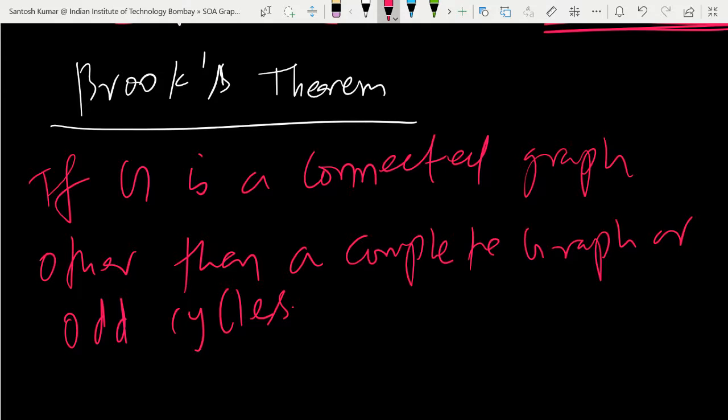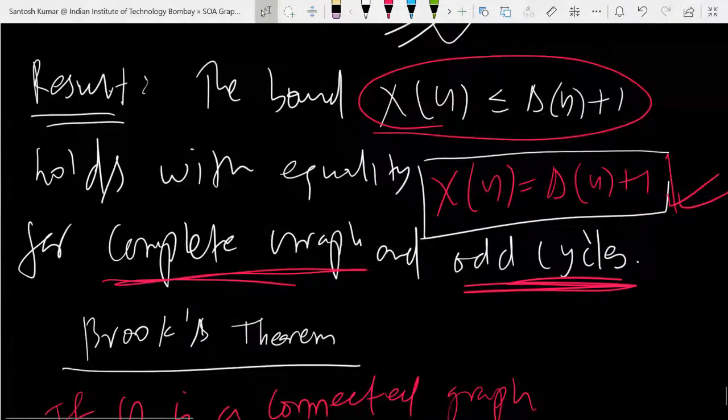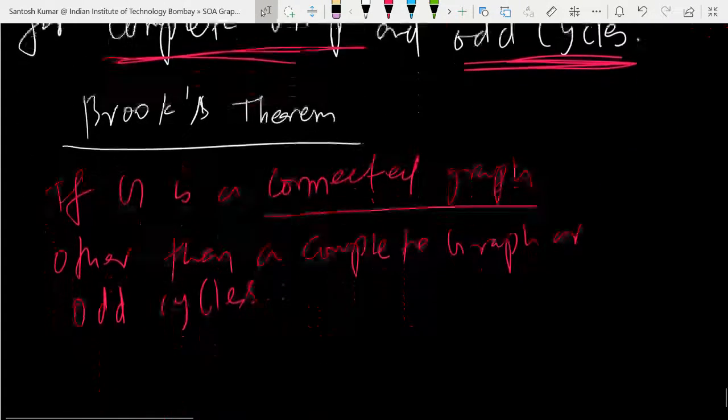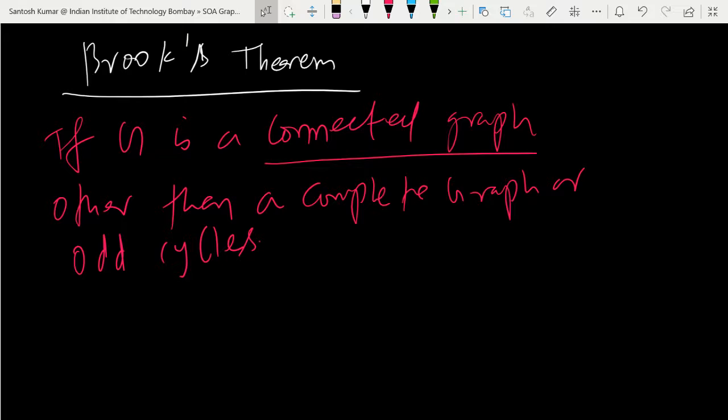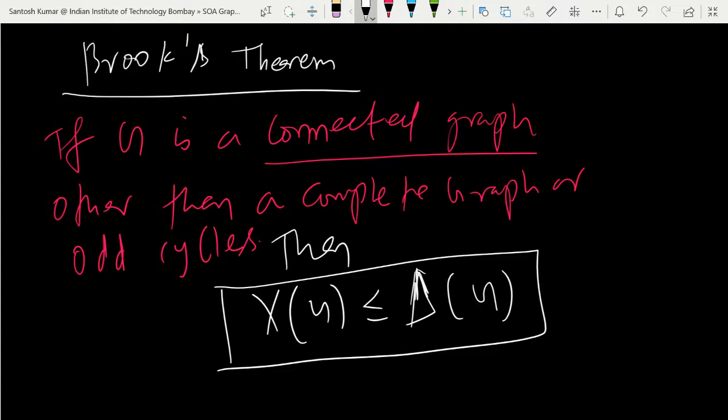So you take any connected graph except complete graph or odd cycles, because you know in case of complete graph or odd cycles this upper bound holds with equality, but in case of a connected graph other than complete graph or odd cycle, the chromatic number is going to be less than or equal to delta of G. Okay, so you can check it.